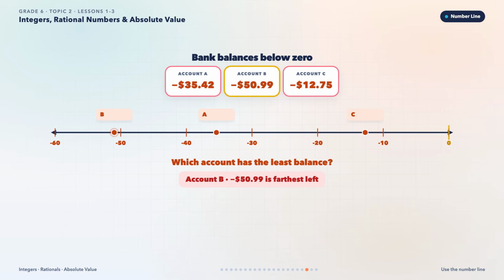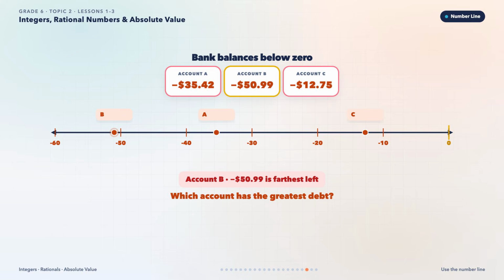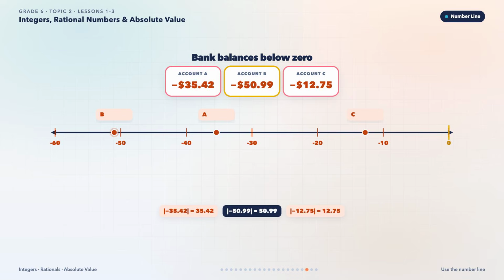Negative $50.99 is farthest left, so account B. Which account has the greatest debt? Again, account B. Look at the absolute values, $35.42, $50.99, and $12.75. The negative sign tells us the balance is below 0. The absolute value tells us how much money is owed.